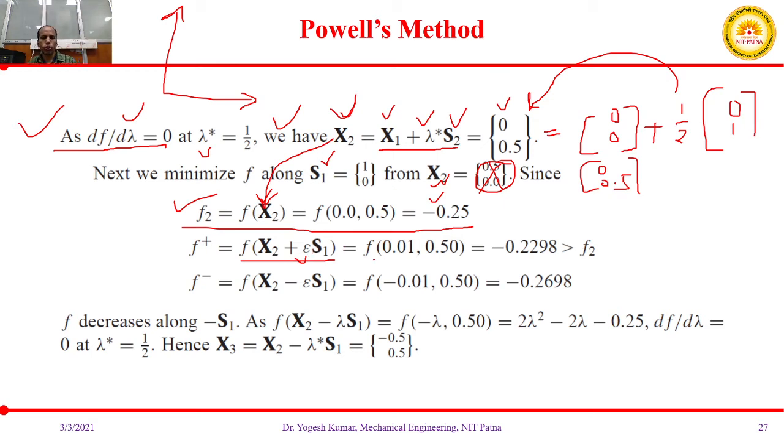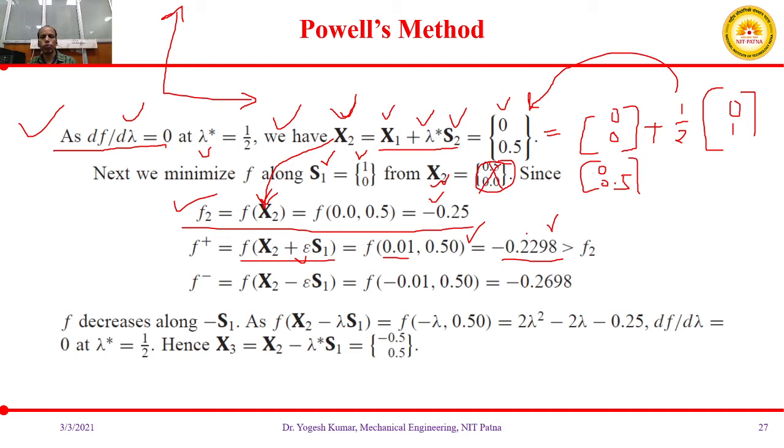If you put these values, this will be 0.01, 0.5, because your epsilon is getting multiplied by 1 and then added to x2. If you calculate the value of function, it is coming around minus 0.2298.